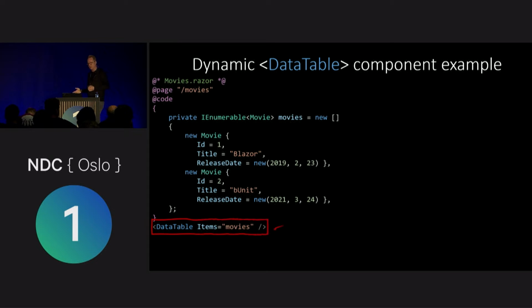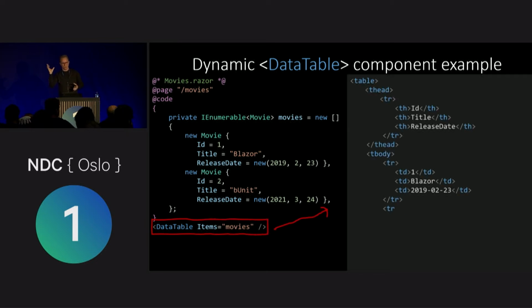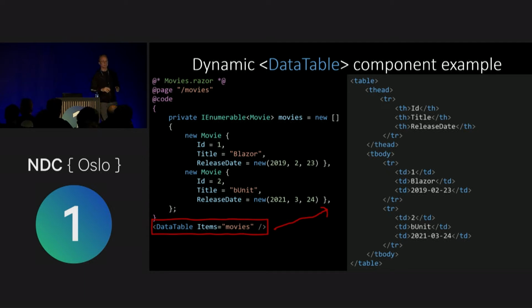It will figure out how to create a table with headers based on the public properties of our data item, in this case the movie, and print out a row for each movie with the data in that movie. This is an approximation. You can imagine that the datetime would look a bit different when converted to strings, but this is the concept we're building.